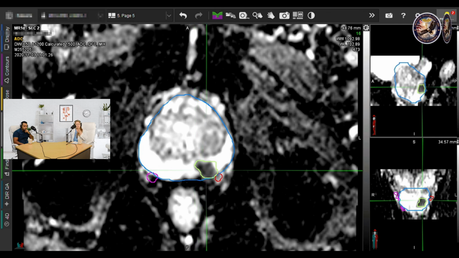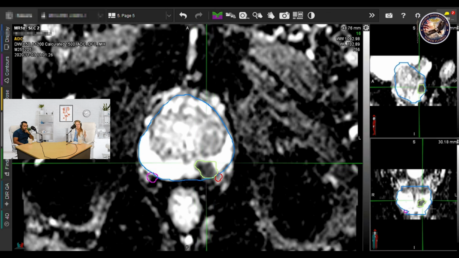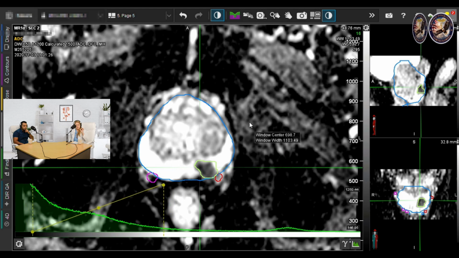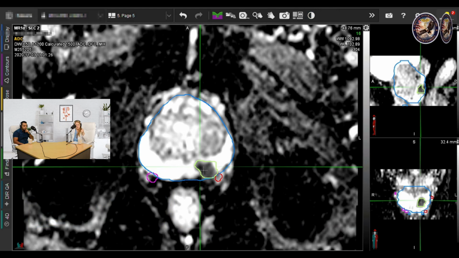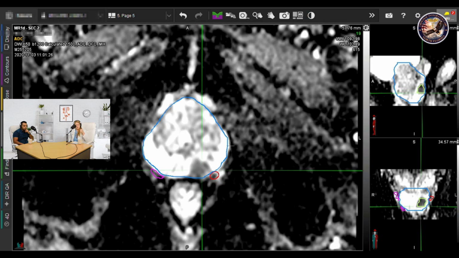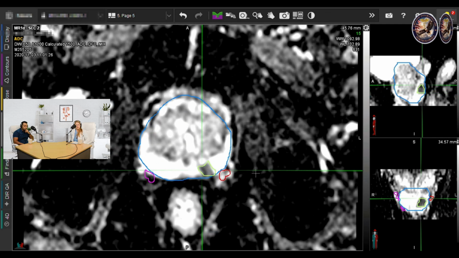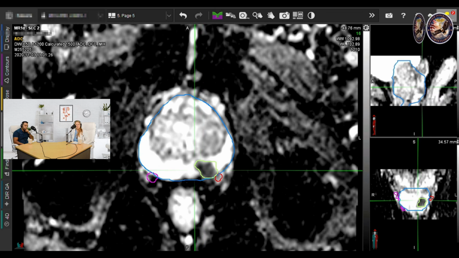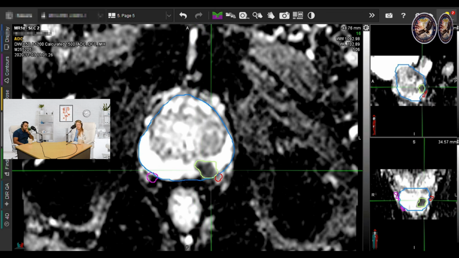So even if you lighten up the screen, you make it brighter, only the benign tissue will stay bright, and the tumor will stay dark. And in this particular case, this was a T3A, so it was an extracapsular extension, Gleason 8, and the tumor minimum ADC value was 278. Okay, we'll go to the next example.